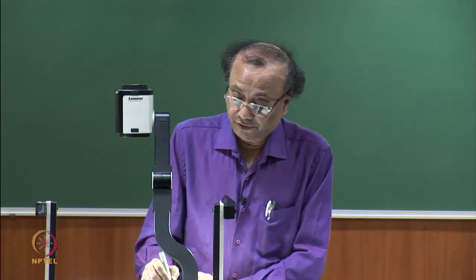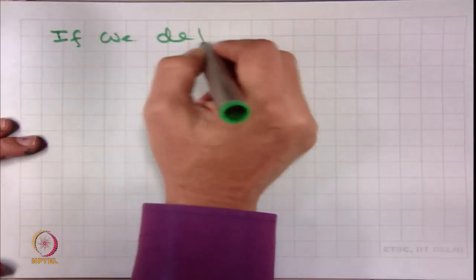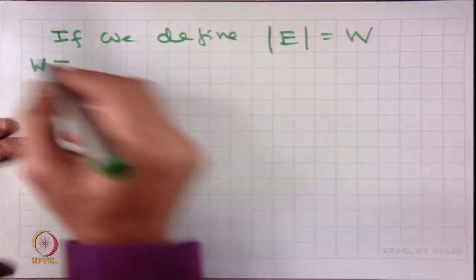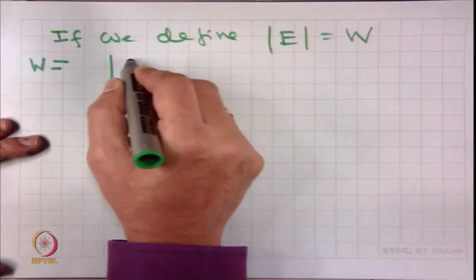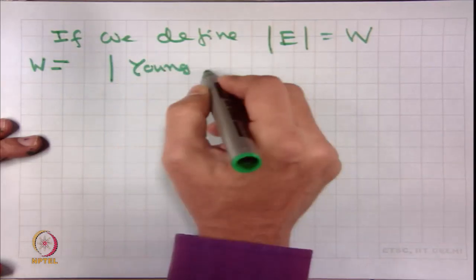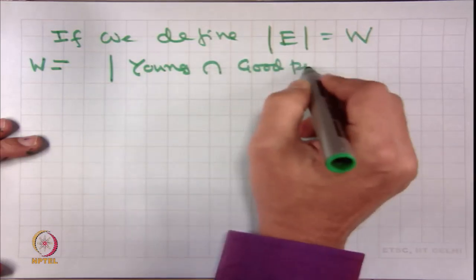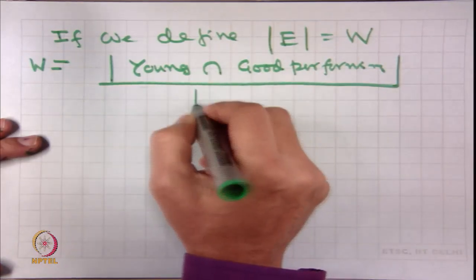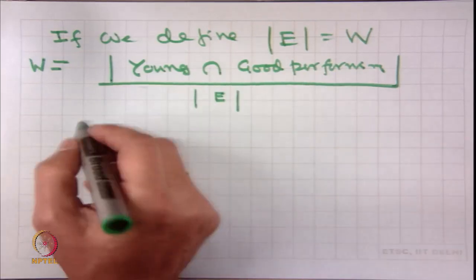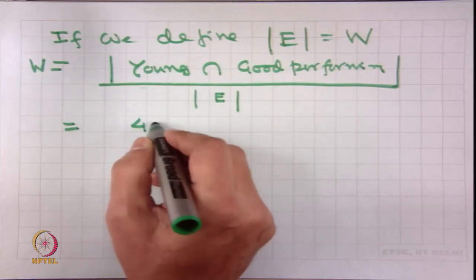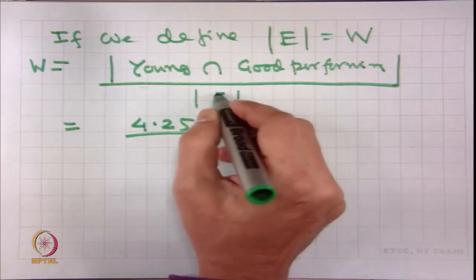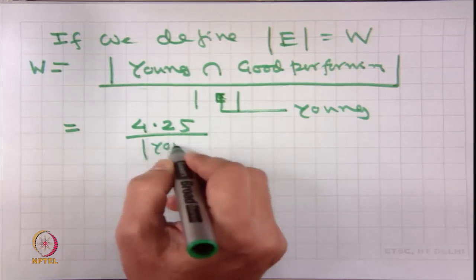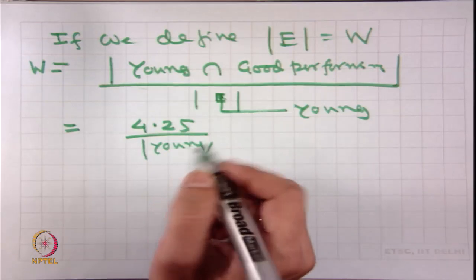So, if we define cardinality of E is equal to W, then W is equal to young and good performing divided by number of young, which is equal to 4.25 divided by cardinality of young, and that we can find from our table.